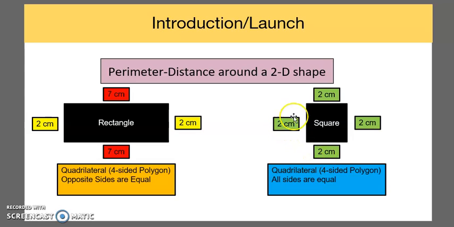So if this is 2 centimeters, this is 2 centimeters, this is 2 centimeters, and this is 2 centimeters. So here are some key characteristics of a square, and the same thing for a rectangle. And again, when we're looking at perimeter, we're going to add up all the values around the polygon. Now we're going to look into some practice problems that will explore this further.